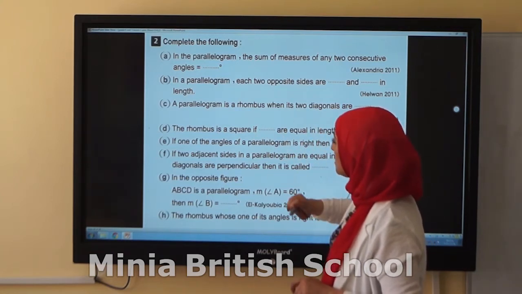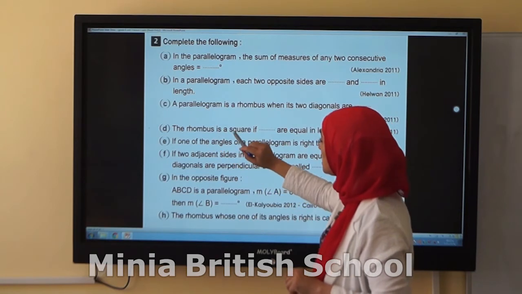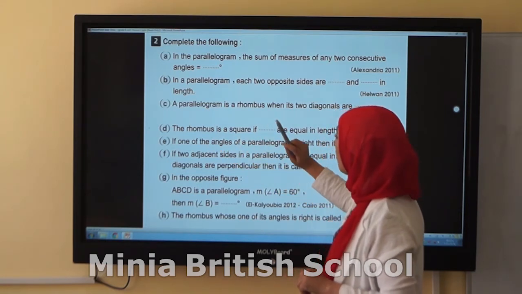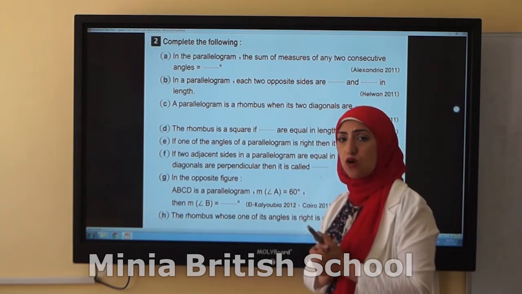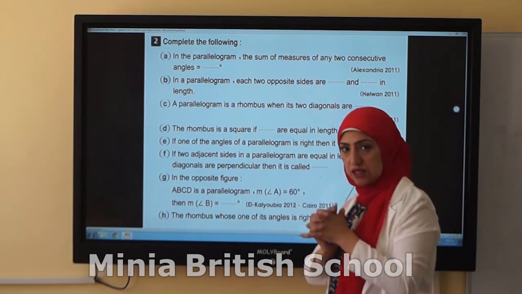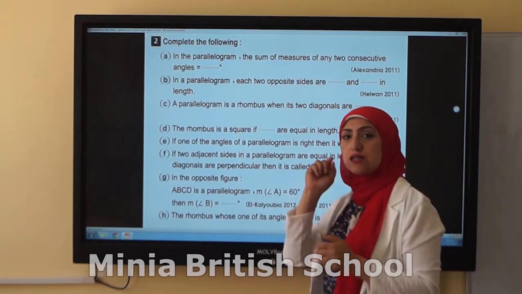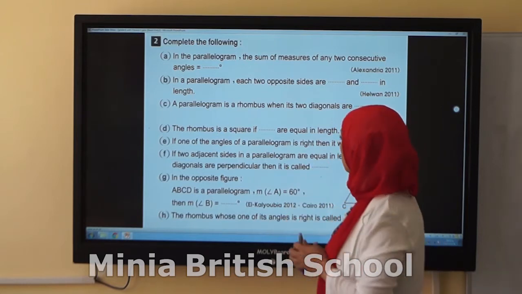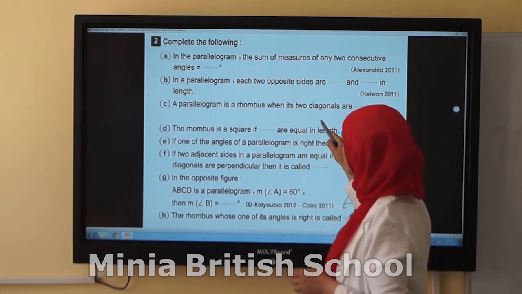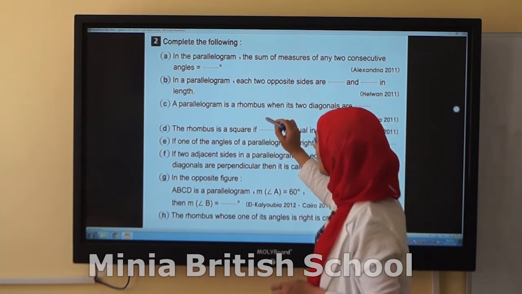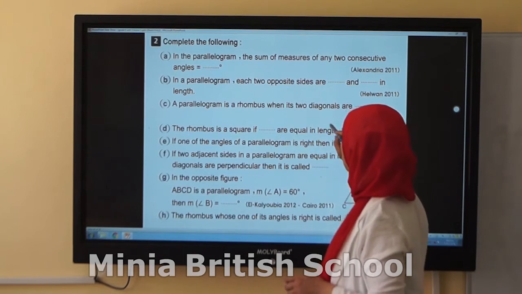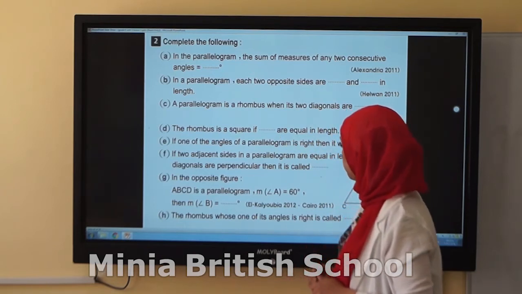The rhombus is a square if... okay, here is a mistake, because the rhombus is a square if one of its angles, or all of its angles, is a right angle. Here it says equal in length? No, equal in measure. You can say if its angles are equal in measure.